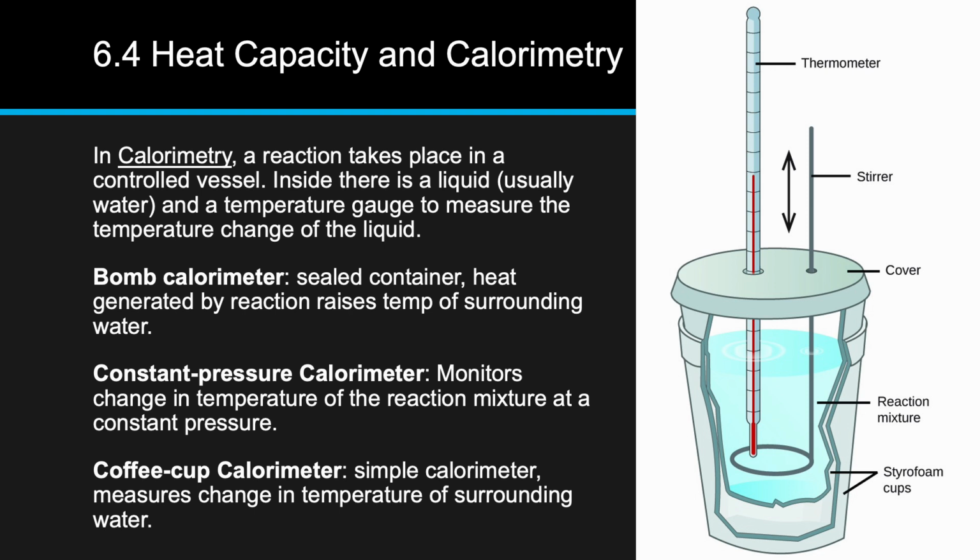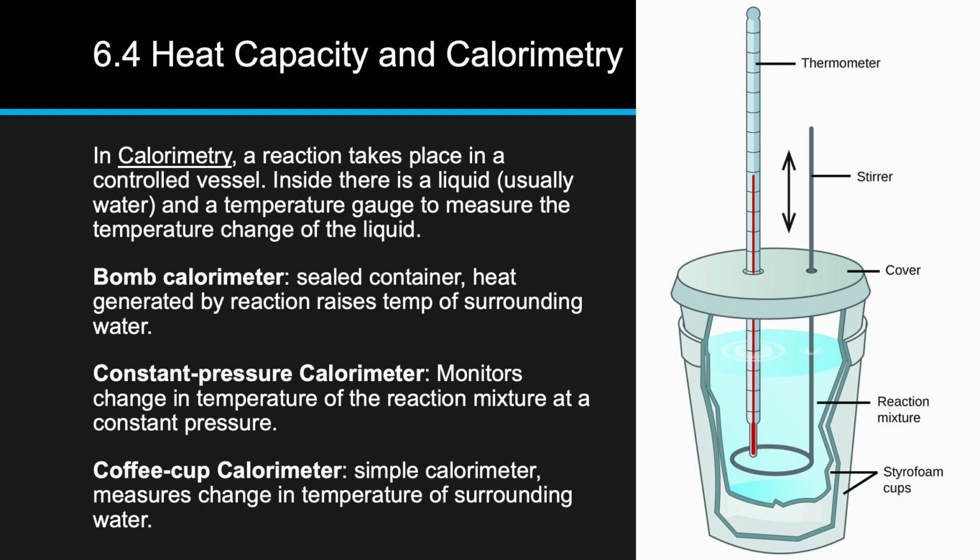Any heat released by the reaction increases the temperature of the water, allowing us to determine heat change under constant volume conditions. A constant pressure calorimeter is an open system. That means the reaction occurs in a solution while exposed to the atmosphere, so pressure is going to remain constant, and we track the temperature change of the reaction itself.